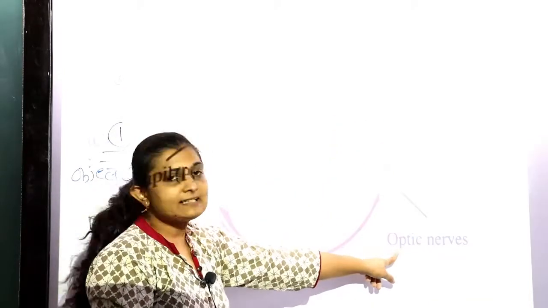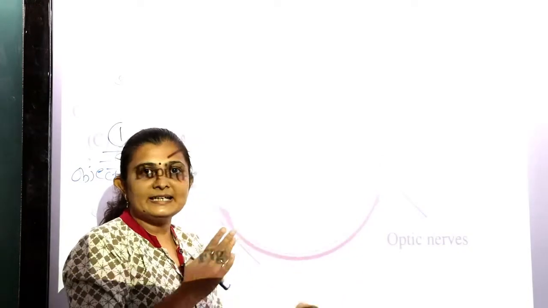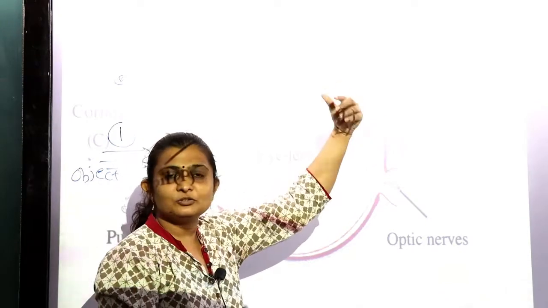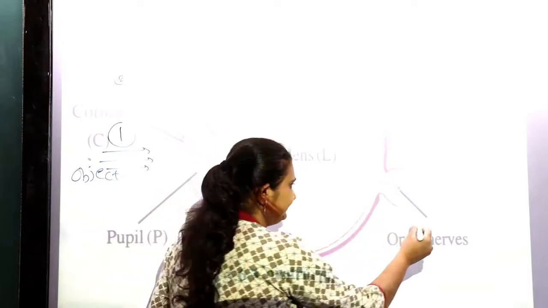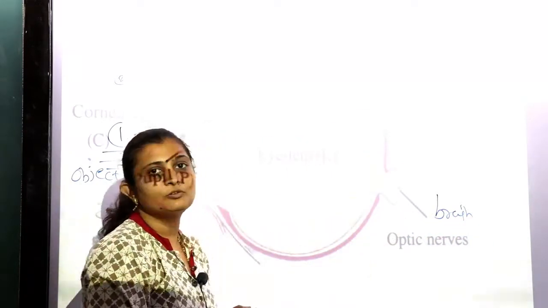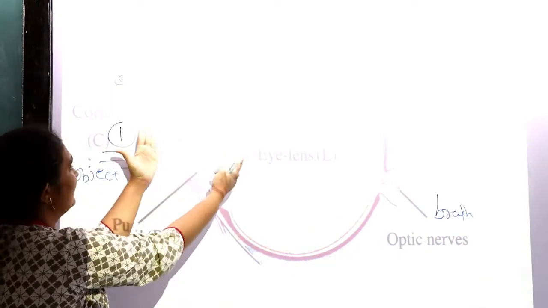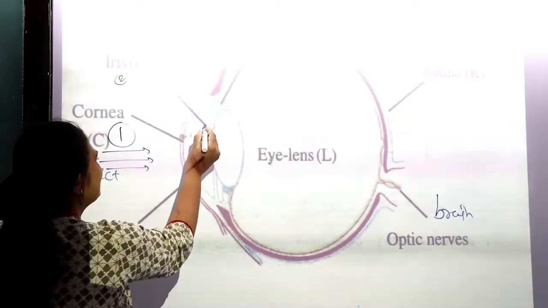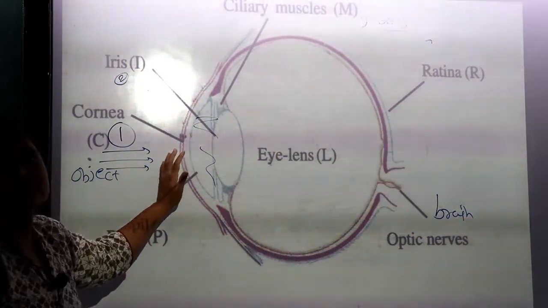After the retina, these are the optic nerves. What is the function of these optic nerves? They carry messages from the retina to the brain. These nerves are connected to the brain. Now between the cornea and the eye lens, some type of fluid is there, that is called the aqueous humor.